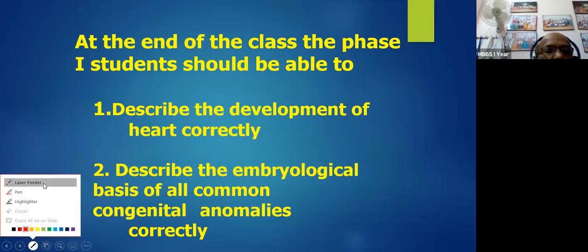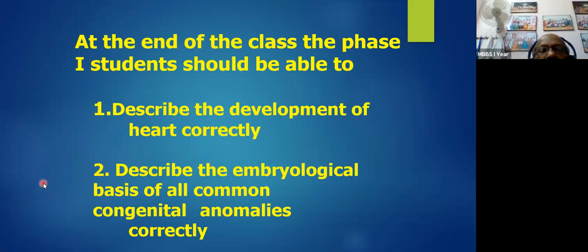In the model, you should be able to explain the normal development as well as the basis for the congenital cardiac anomalies. So we have an anomalies model also. All these models will be demonstrated to you before the examination, so you should be able to explain during the exam.